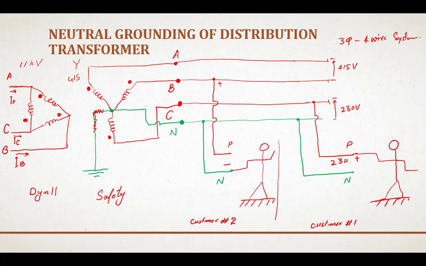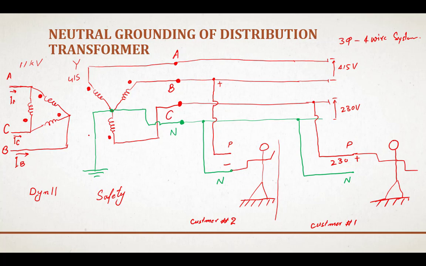Now in order to make sure that the person who is working or maintaining the electrical system is safe from that electric shock, the utility companies deliberately connect this neutral with the ground. So what has changed by connecting this neutral to the ground?